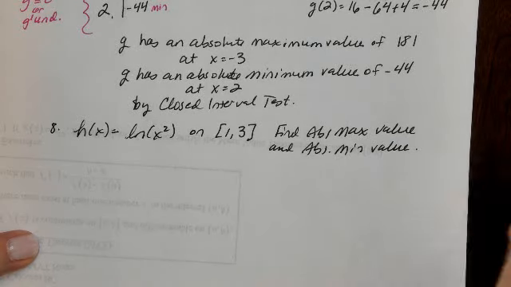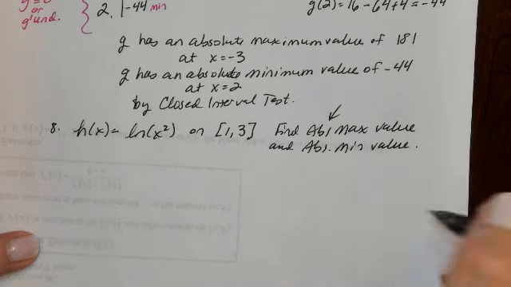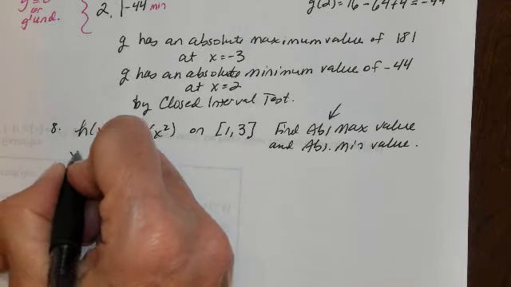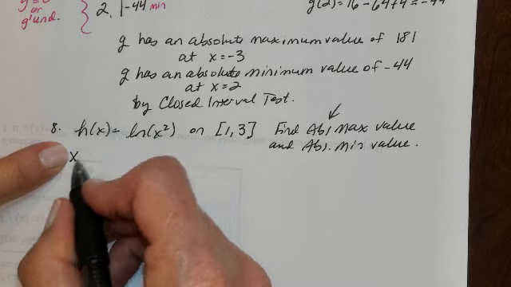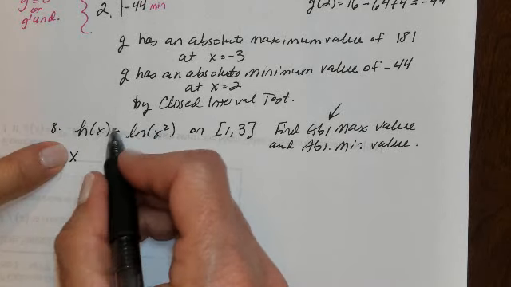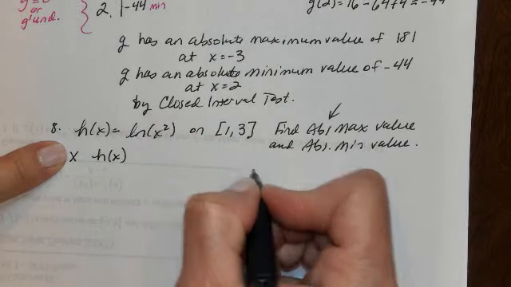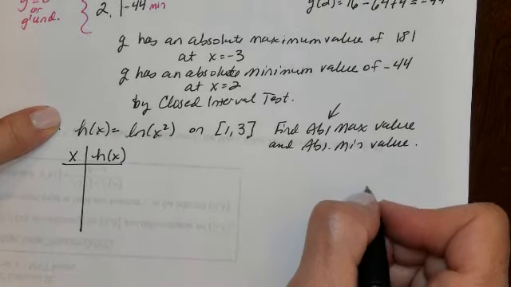Okay? So if I am finding an absolute, I'm going to use the closed interval test. So on the closed interval test, my independent variable here is x. Sometimes it's t, right? And then I'm finding the max and the min of h. So that's what goes on my closed interval test.